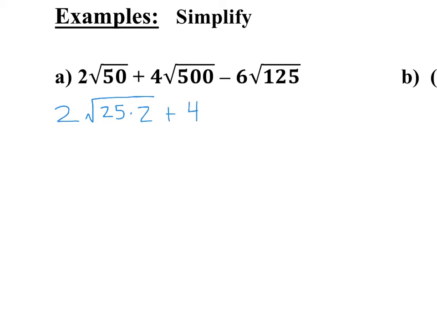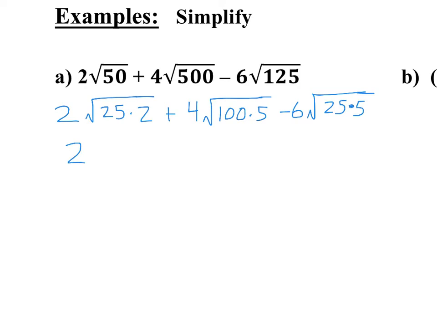If you could figure out the biggest perfect square that goes into the radicand, then you don't have to do a tree completely breaking it down. So I would make 500 100 times 5. Then I would make 125 25 times 5. So if you can identify the biggest perfect square that goes in the radicand, this will save you some time.